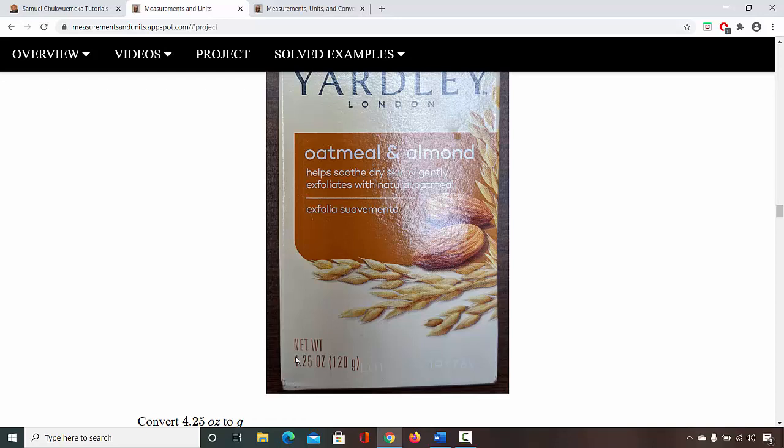So the United States manufactures items, and they want to sell them in Nigeria. In Nigeria, we use the international system, so we don't use ounce, we use grams. So they have to include grams in the container of the item.